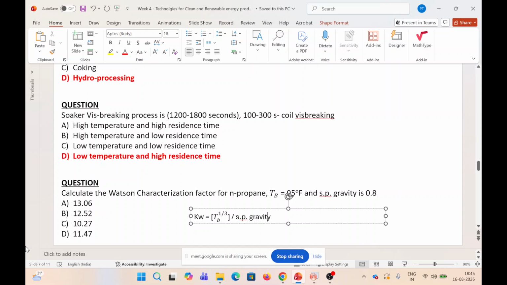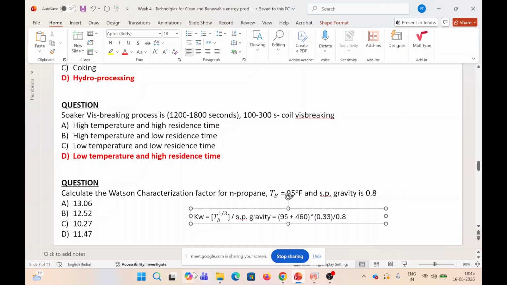Is anyone with the answer? Or I'll just give out the steps so please find out the final answer. You need to add a factor of 460. I'm taking 1 by 3 as 0.33, divided by 0.8. So just calculate this value.